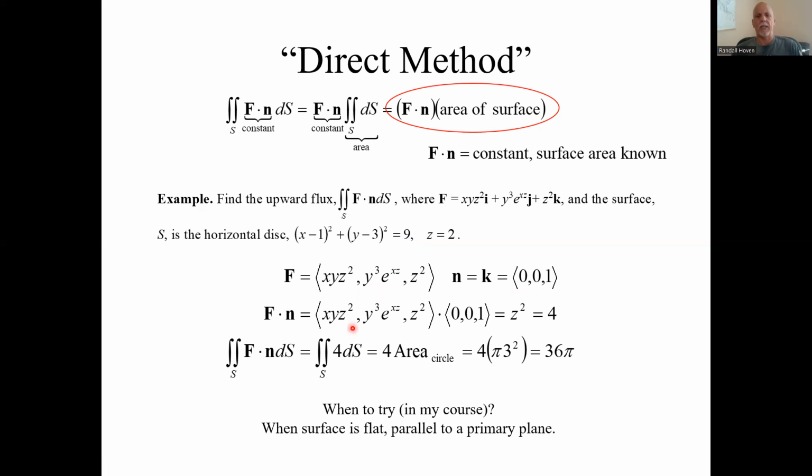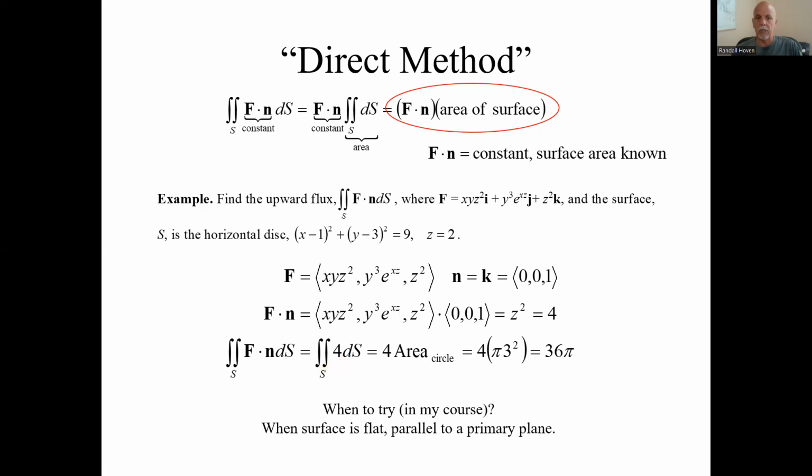What is f dot n? All that matters is this third component, which is z squared. And on that surface, z is a constant. So f dot n is the constant 4. We had to take this dot product to know that. So f dot n is just 4.